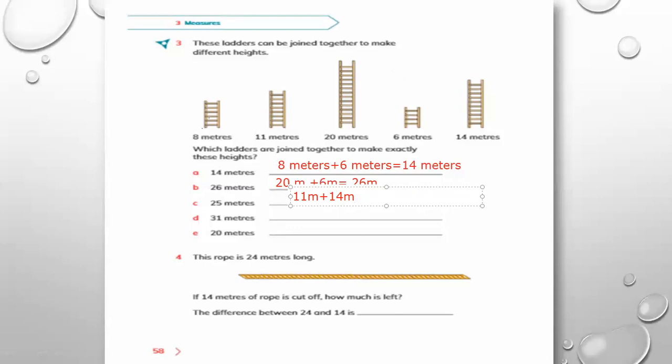So 20 plus 5, it is 25 meters exactly. So you can say equals 25 meters. Okay. 31, likewise, we can add 20 with 11.